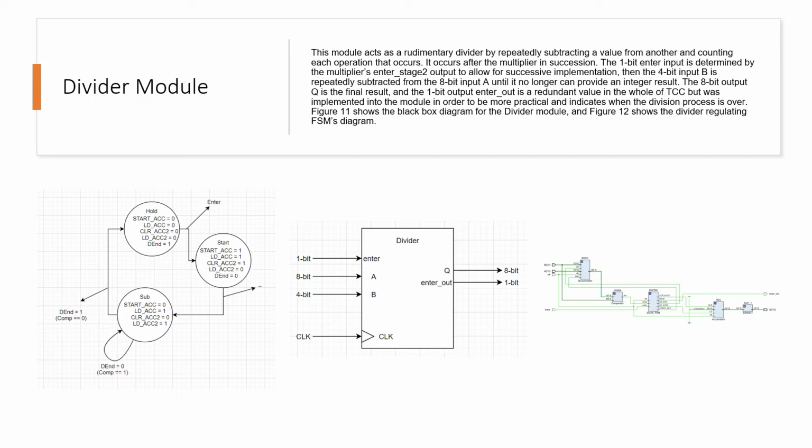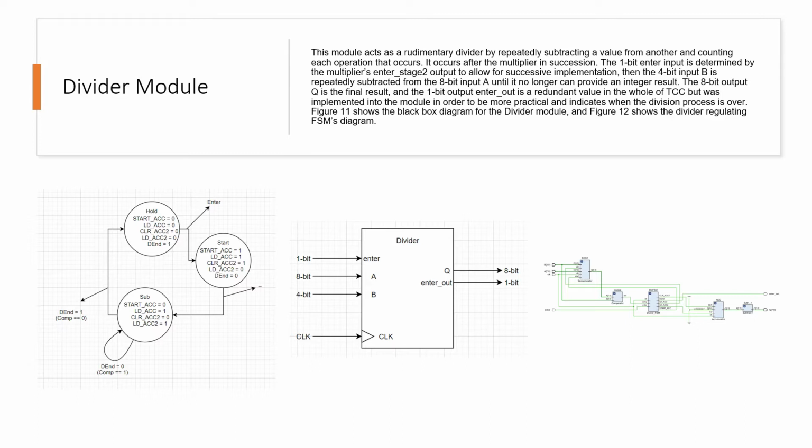The way that this module functions is by loading value A, the value to be divided, onto a module known as a decumulator. The decumulator is essentially just an accumulator, however, instead of addition, it does subtraction. The B value is then loaded onto the secondary input of the decumulator, and each time the clock rising edge occurs, the value of B is removed from the value loaded into the decumulator.